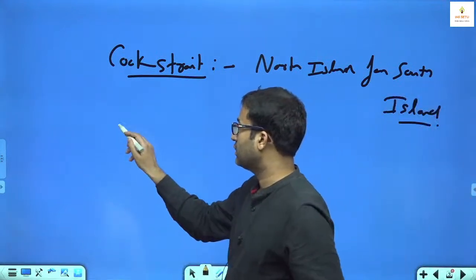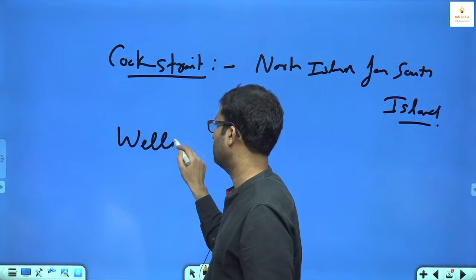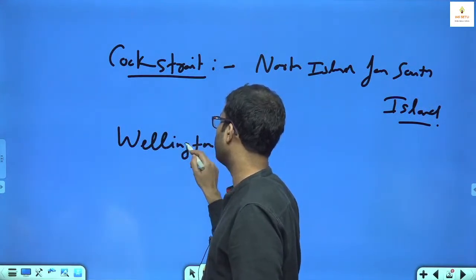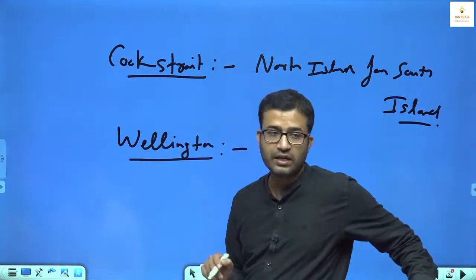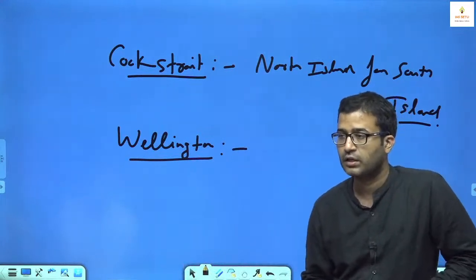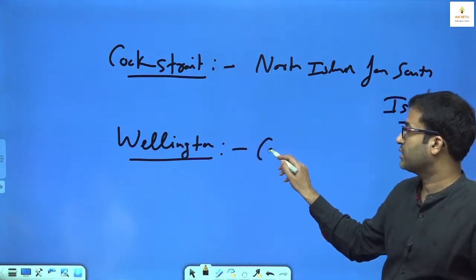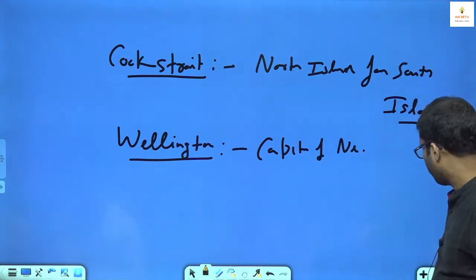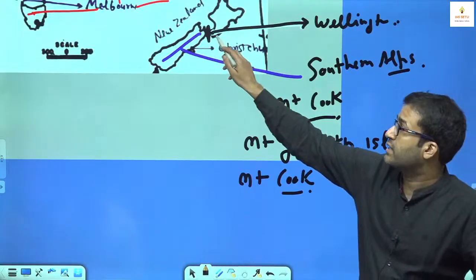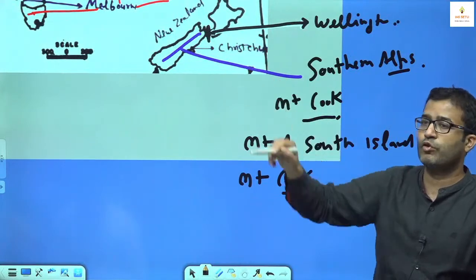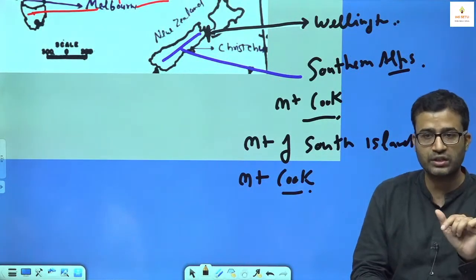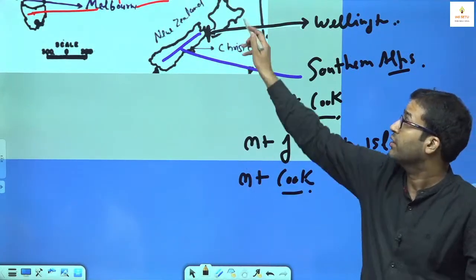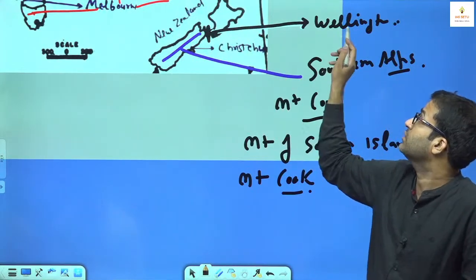Next is Wellington. Can anyone tell me about Wellington? It is the capital of New Zealand. It lies on the southern tip of North Island. The southern tip of North Island is Wellington.